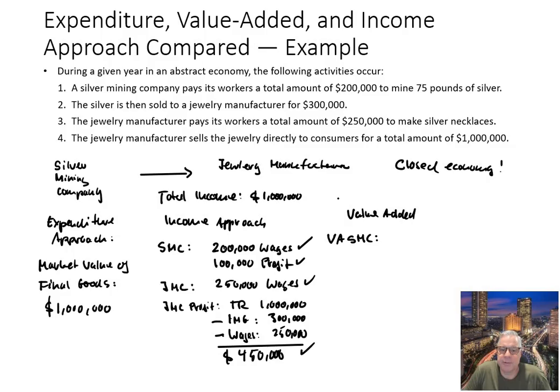The silver mining company had a total revenue of 300,000, minus the total cost for intermediate goods, which is 0, equals 300,000. Okay, so now the value added of the jewelry manufacturing company: their total revenue was 1 million.